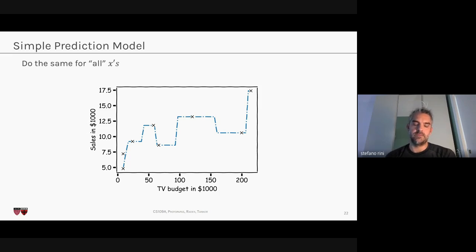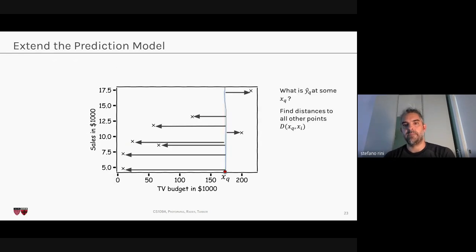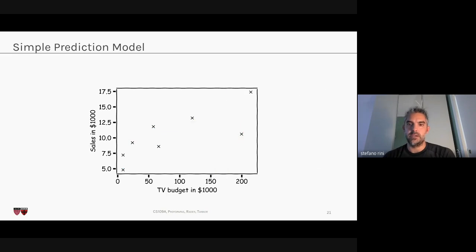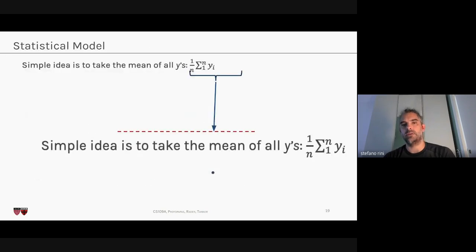And if we do this for all x's, we can limit ourselves to taking an average. So the first idea is to just take the mean of all the points in the data set, but this idea is not great.